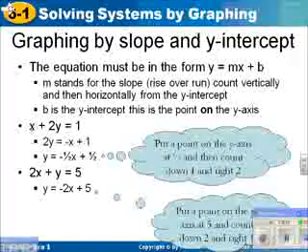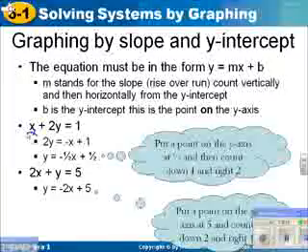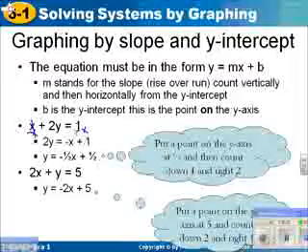So if I was going to graph x + 2y = 1, the first thing I would do is move the x to the other side. So I would subtract x on each side. So that's why you're left with 2y equals, and then putting the x first, negative x, then plus 1.